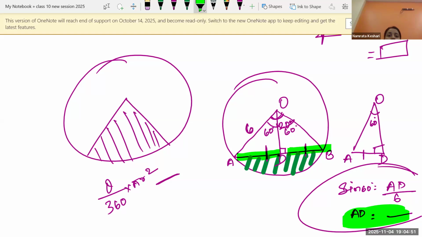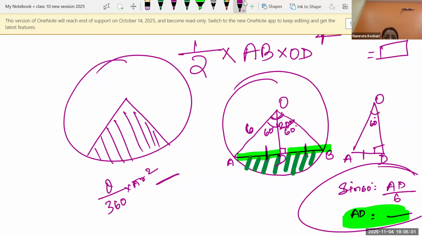Because for finding triangle area, it is 1 by 2 into base into height. You don't know base, you don't know height, you are trying to find that. So base you will be able to find. Now height, OD, again you will be using trigonometric ratio, and this time you have to find the adjacent side, so you'll be using cos theta.